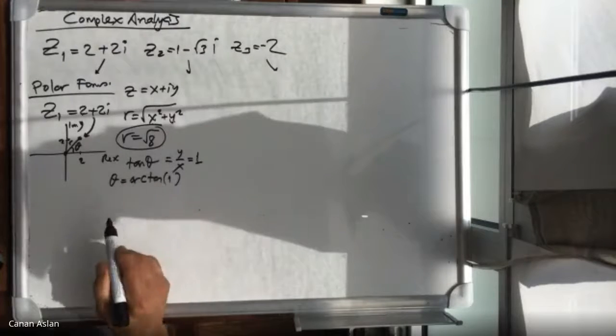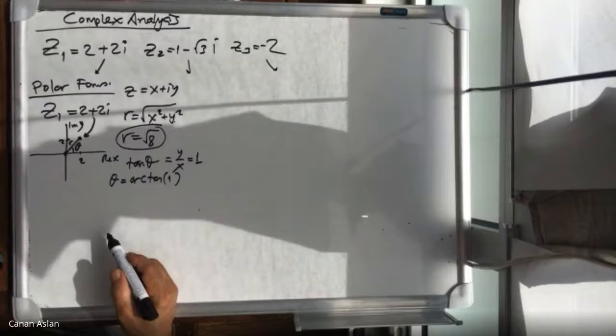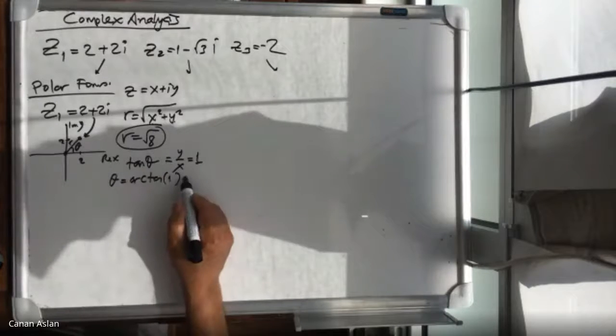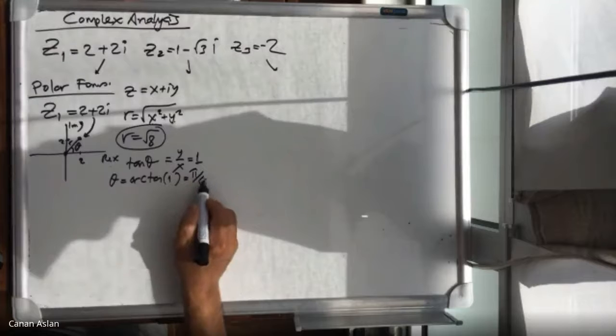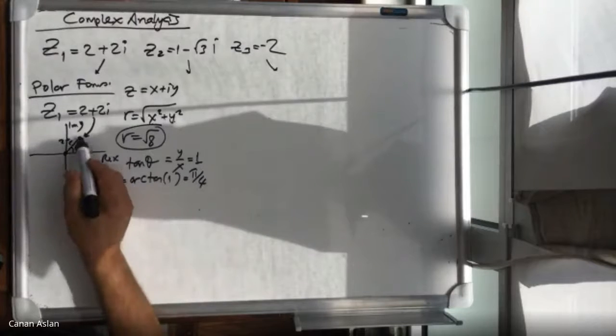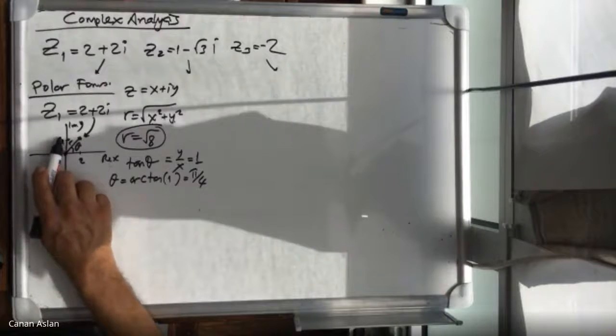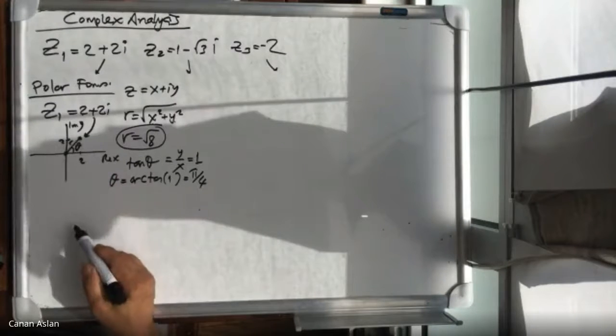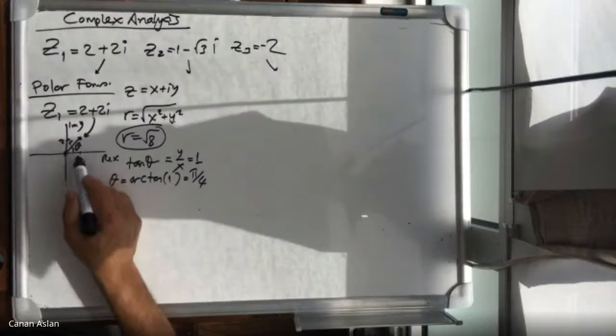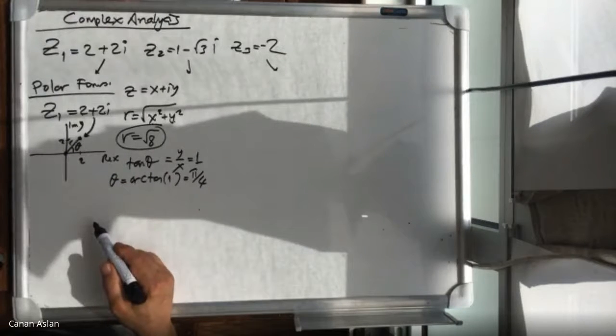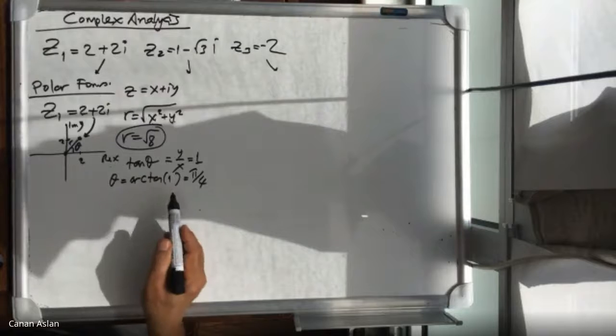What angle gives you 1 if you take the tangent of it? It's pi over 4, which is 45 degrees. Exactly, because this is 2 units to the right and 2 units up, and this is the hypotenuse of this triangle, and obviously you will get 45 degrees.